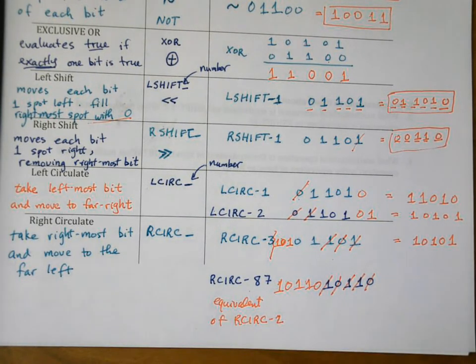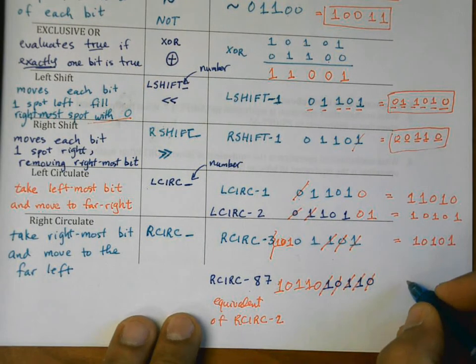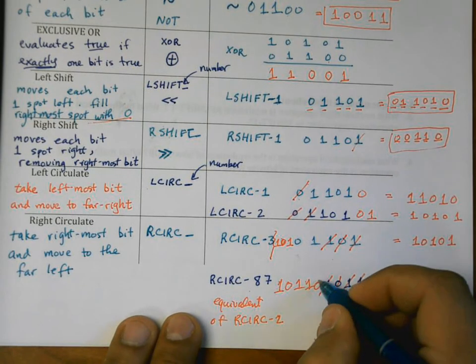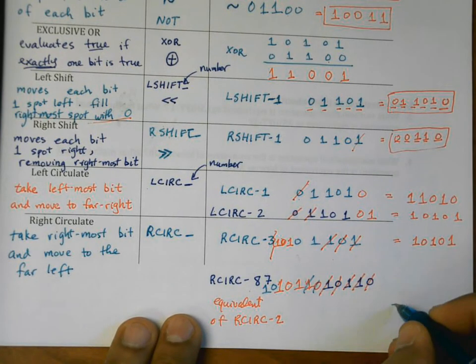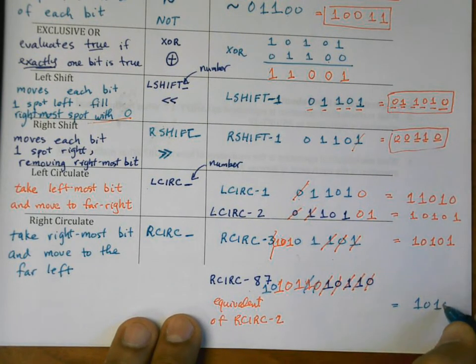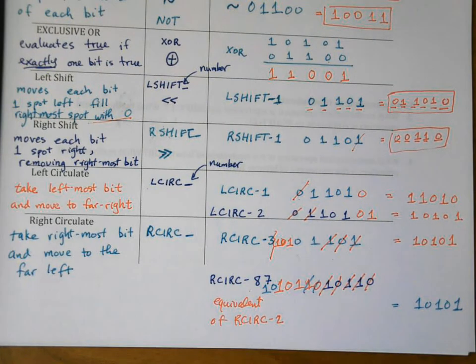So doing this 87 times or doing this twice gets you the same answer. So we can just do this twice then, that's much simpler. We do it once, the 0 goes in the front. We do it once more, the 1 goes in the front. So now we get 1 0 1 0 1. Okay. So there you have it.